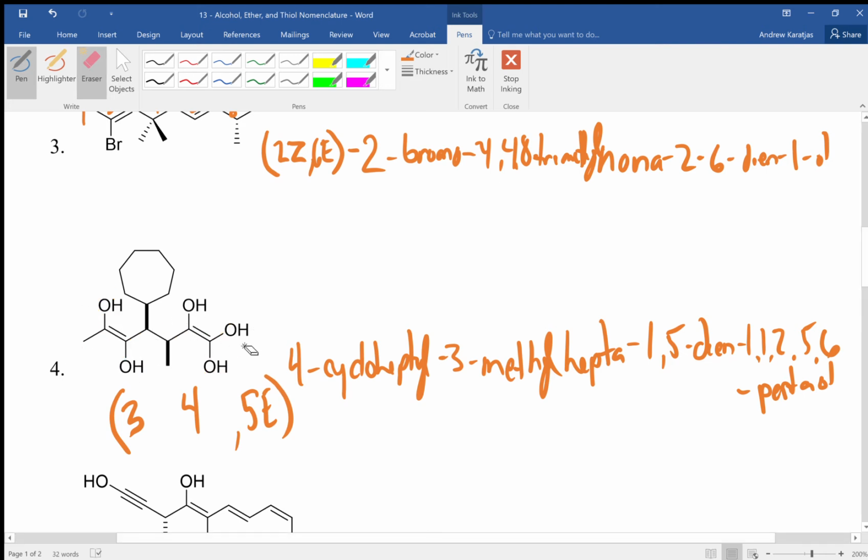We can then do our chiral centers. Carbon 3 here, the methyl is 3rd priority, the carbon bonded to oxygen is 1st, and the carbon bonded to other carbons is 2nd. It gives us 3S. And here we have 1st priority, 2nd, and 3rd, also S.